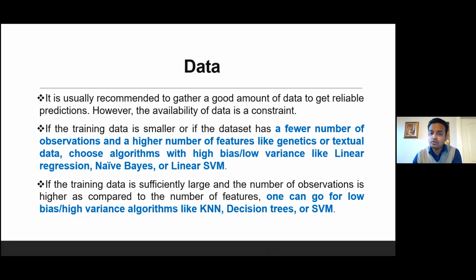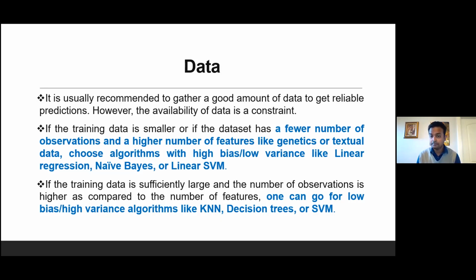For example, some data you can find is linear, where you can use linear regression or Naive Bayes or linear SVM, where you can divide the data by drawing a line. But sometimes it's not always the case. Most of the time when you deal with data, it will be non-linear. So you will have to choose the algorithm according to that.